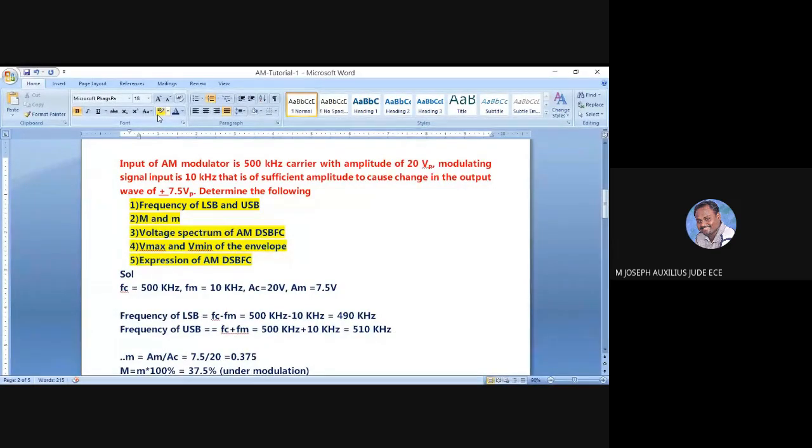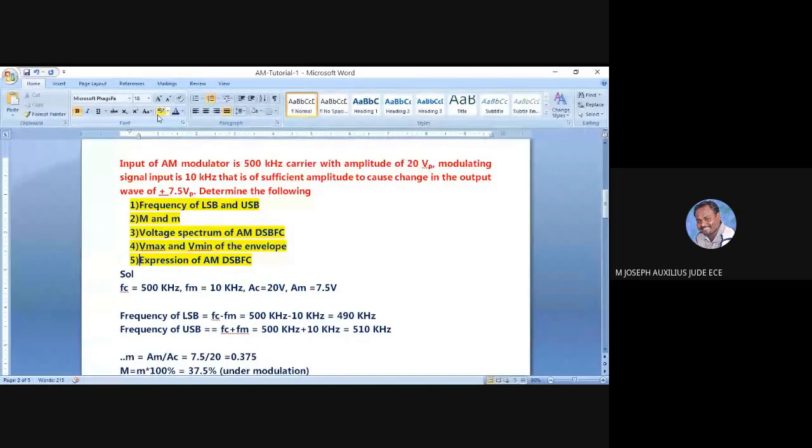Let me quickly repeat our problem. In problem number 1, they have asked to find the frequency of the lower sideband and upper sideband, modulation index, percentage of modulation, Vmax and Vmin of the AM envelope, the expression of AM double sideband full carrier, and to draw the voltage spectrum of AM double sideband full carrier.